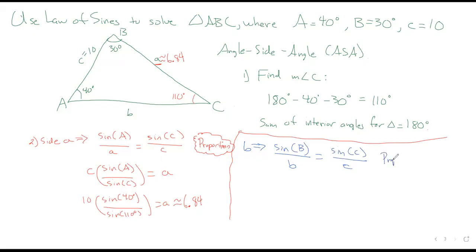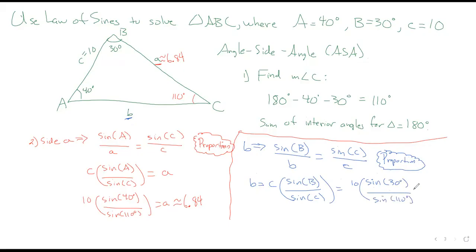I want to use the information that's given to me as much as possible. Again, this is a proportion, a statement of equality between two ratios. And what we're going to do is get B by itself. So again, a little cross multiplying. We get B is equal to C times the quantity sine of angle B over sine of angle C. Plug in my numbers. We have 10 times sine of angle B, which is sine of 30 degrees, over the sine of 110 degrees.